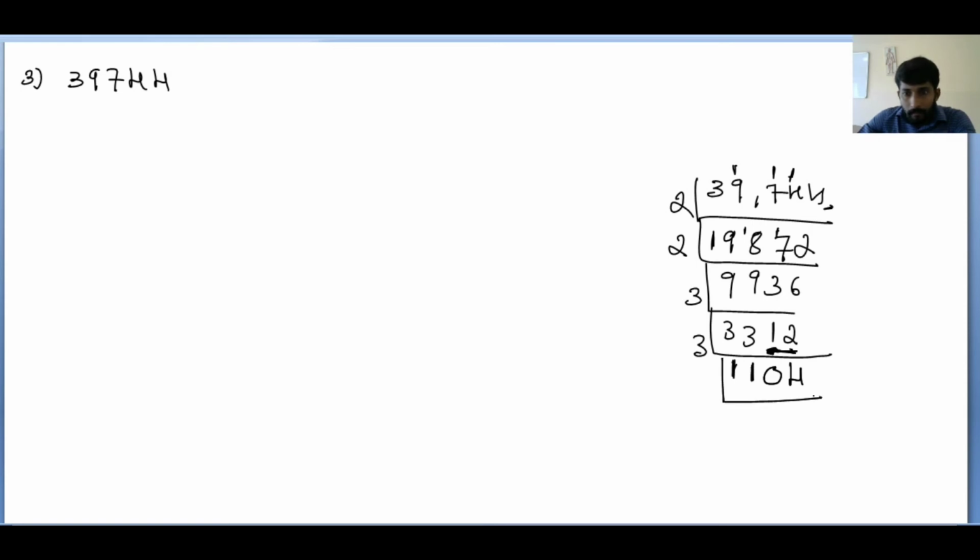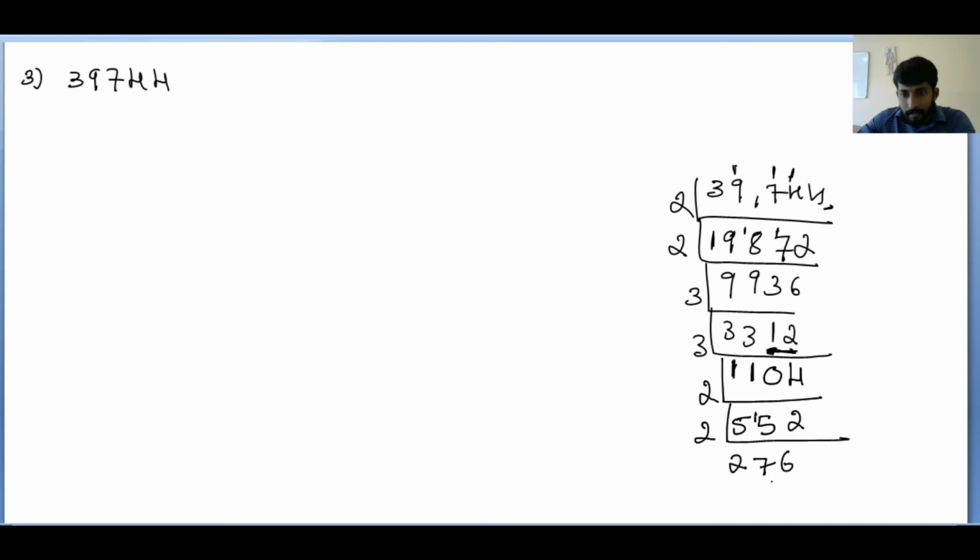Then see, dividing by 2, 2 5s are 10, okay, 1 is remaining, so you will get 1104.